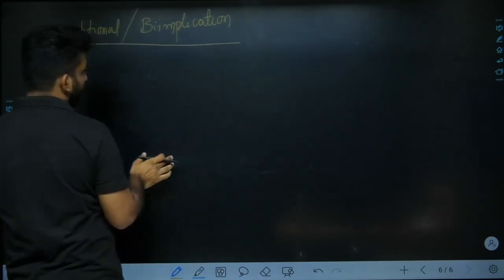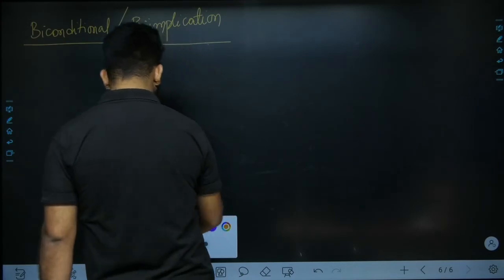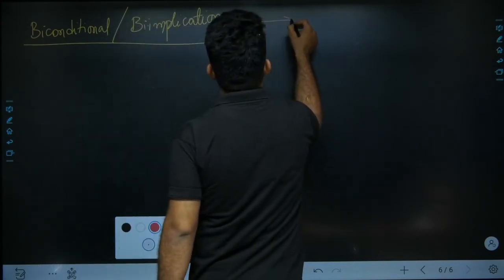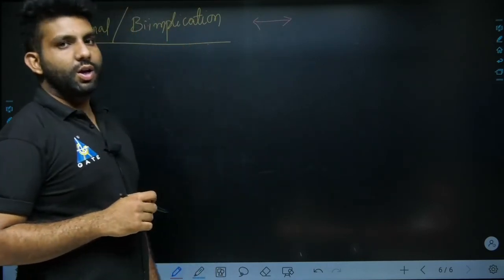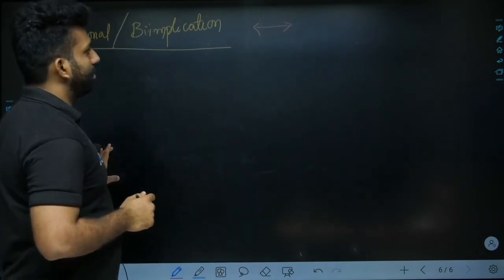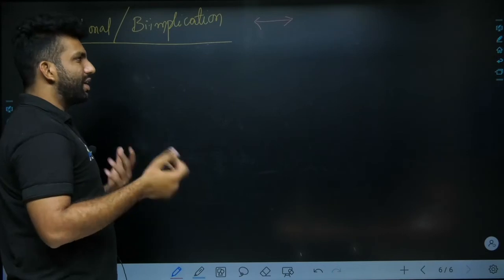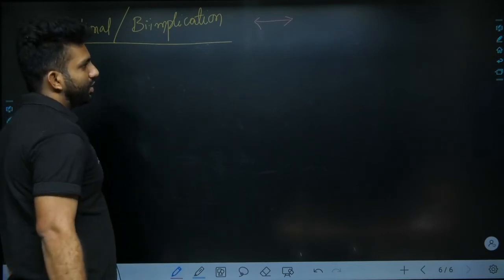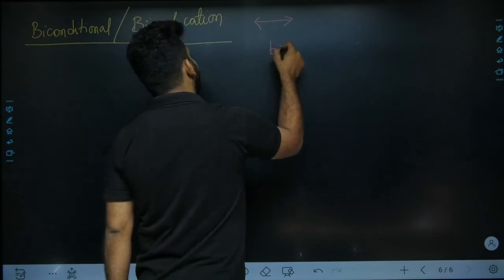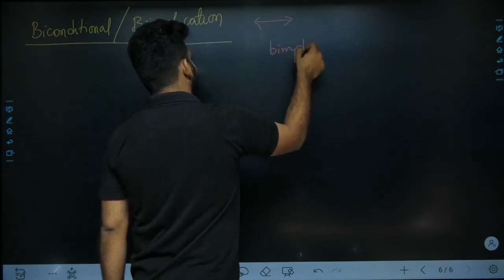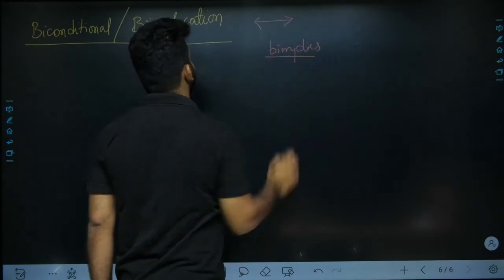What is the symbol for this one? This is the symbol. English translation we'll see later on. We'll say bi-implies.